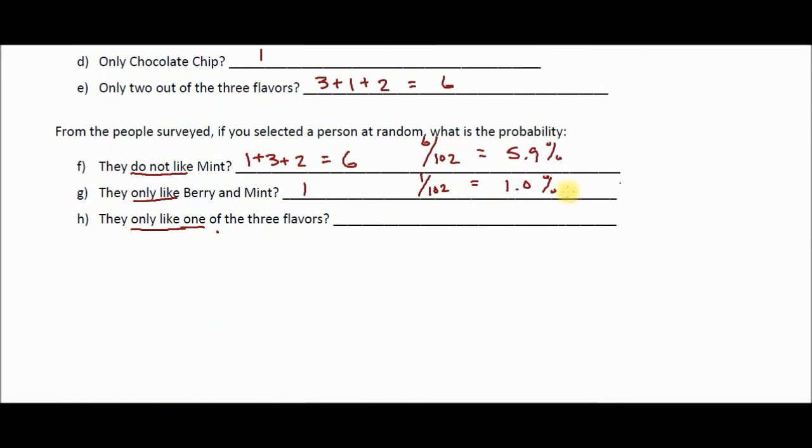So 1 plus 2 plus 0. That means 3 people only like 1 of the flavors. 3 over 102 is our probability of selecting 1 of those. That's going to be 0.029 or 2.9%.